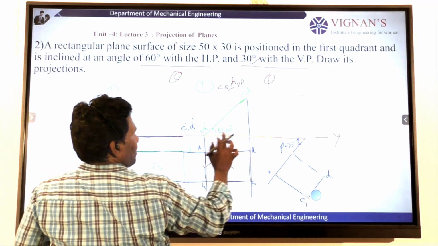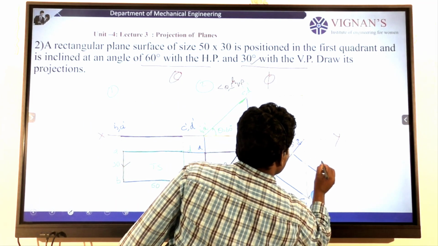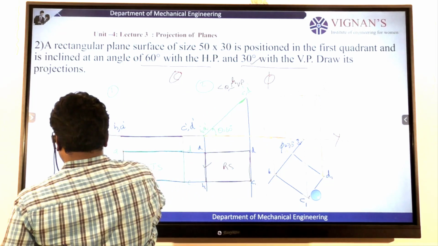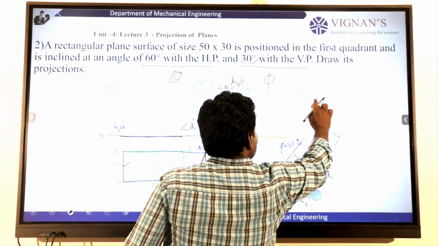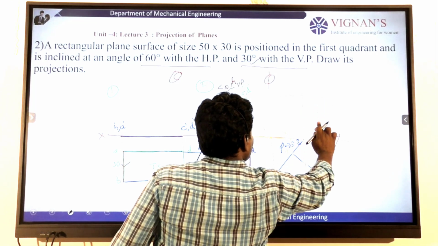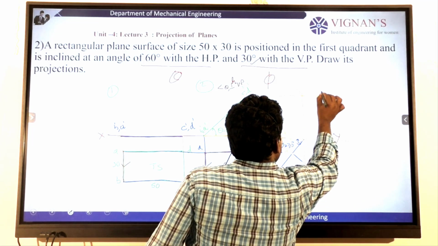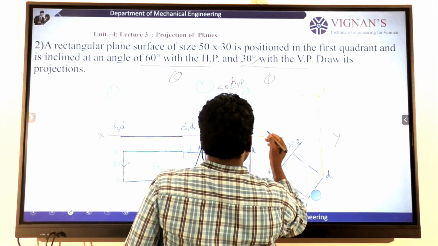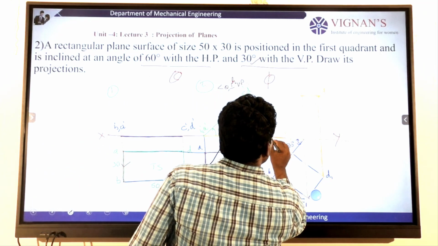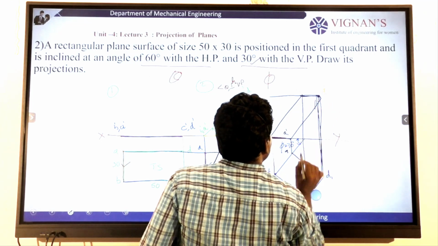So this is D1 dash. Now we have to join A1B1, B1C1, C1D1 and A1D1.